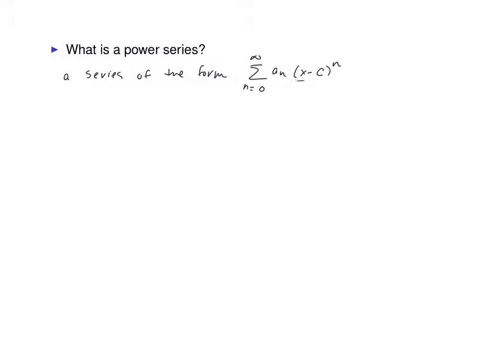So you have x raised to various powers of n. It's kind of like a polynomial, sort of, except it has an infinite number of terms. And you can think about this as a function f of x, whose domain is the set of all x such that the series converges.